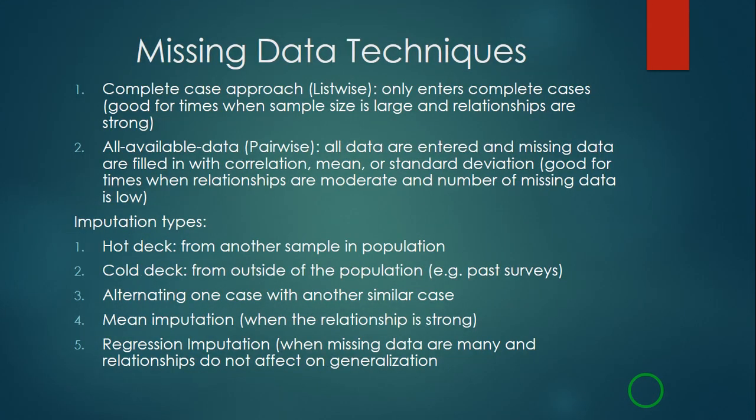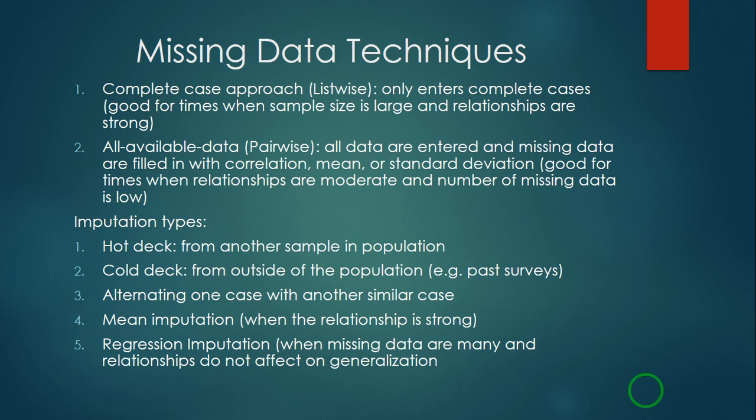There are basically two methods in dealing with missing data. The first one is the complete case approach, or listwise, and it is used when your sample size is large and the relationships between and among the variables are very strong, and it only enters the complete cases.